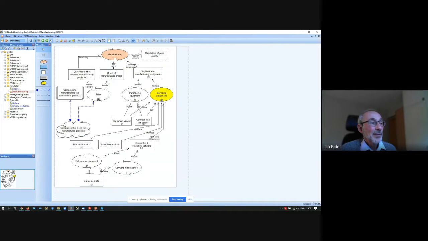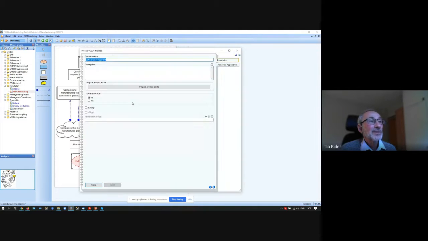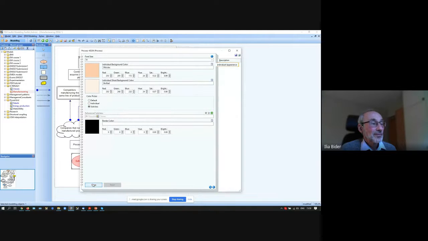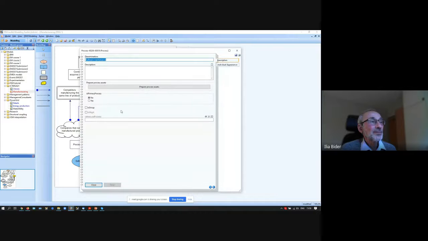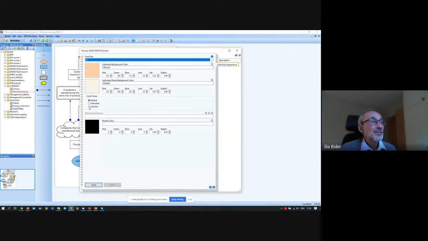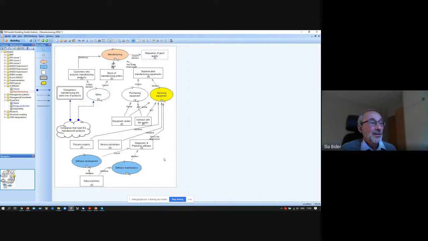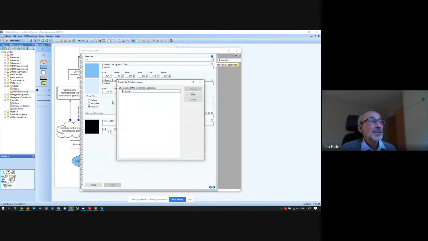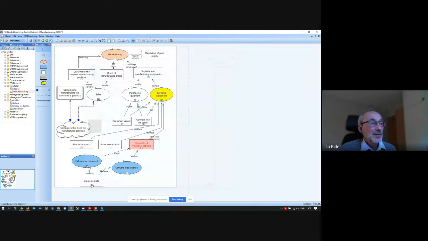And this process can be reused. This too. And this can be reused. And this can be also reused.